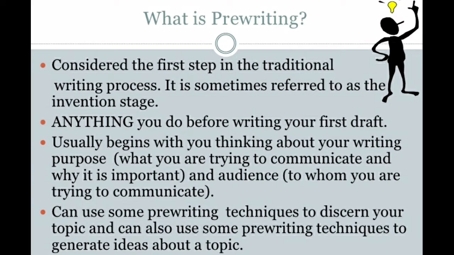If you see what this pre-writing means, before I go to this slide, I would like to ask one question to you guys. What do we actually do when we buy a new pen? Yeah, probably we try to write something on paper, isn't it?